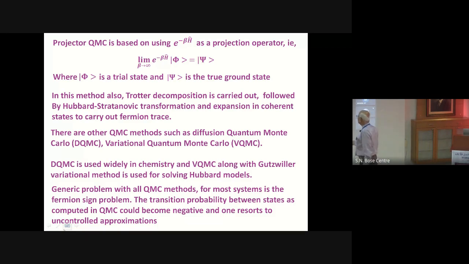And then you have the variational quantum Monte Carlo technique. So this again, for model Hamiltonians, you can start with the Hubbard orbitals as a Slater determinant, and then you keep changing the occupancy of the Hubbard states using a Monte Carlo algorithm. And you also can do a variational quantum Monte Carlo using the Gutzwiller variation.